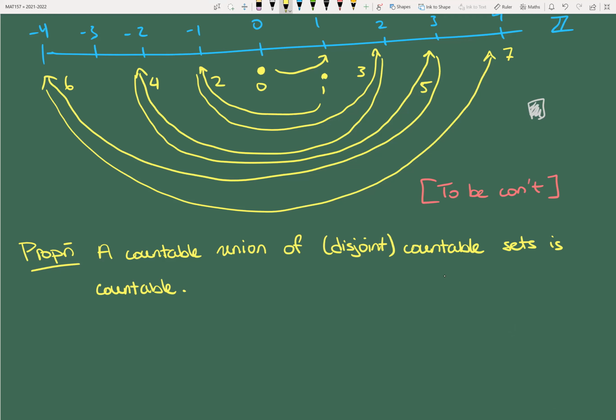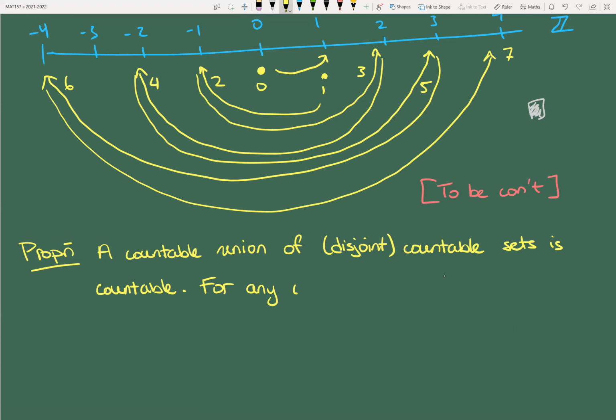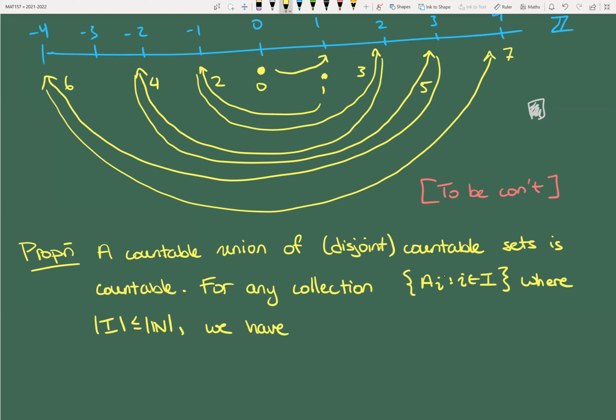Okay, and if we wanted to translate that into the language of mathematics, so not just English, we'd say for any collection of sets A sub i for i in I, where I is countable, we have that the cardinality of their union is also countable, right?